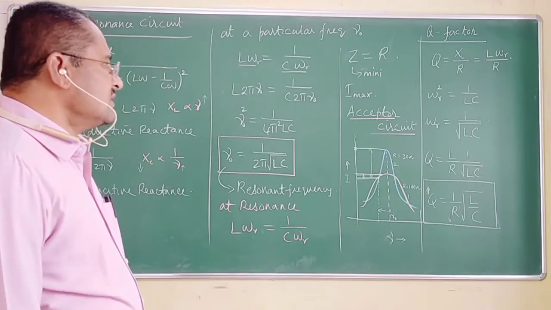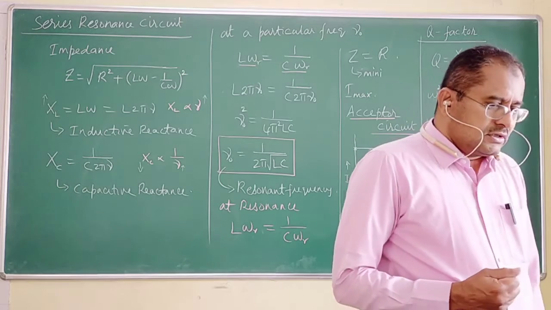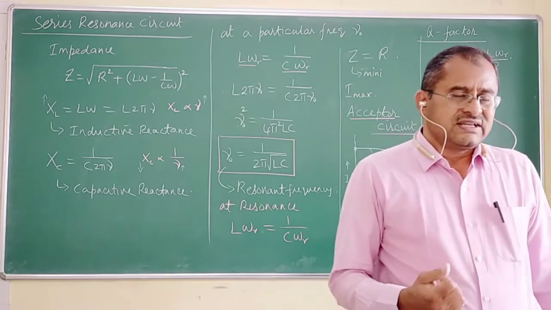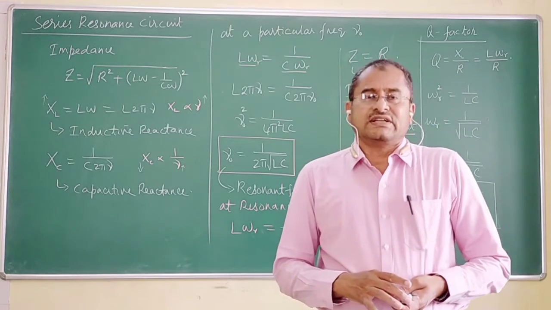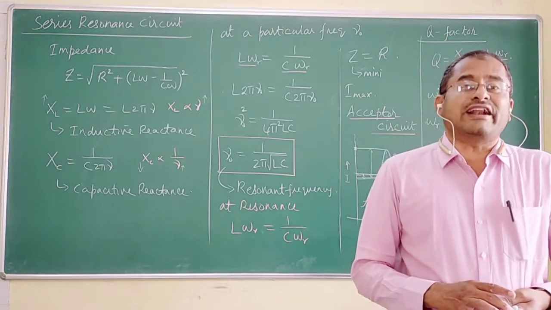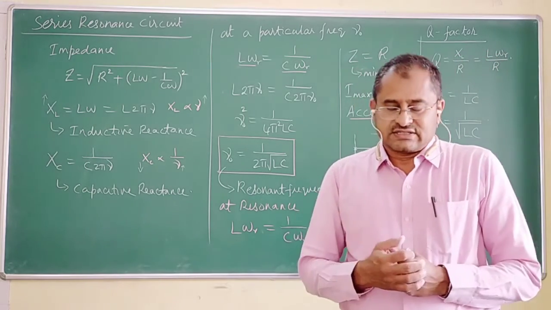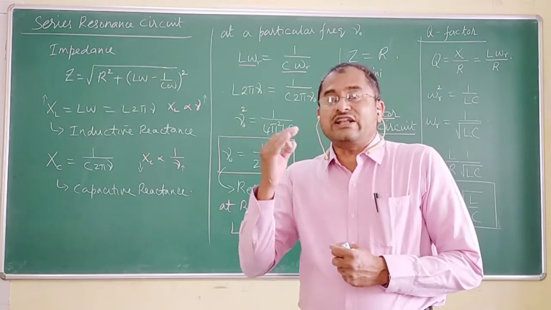The question now is, where is this used? LCR circuits at resonance are used in the tuning of radio circuits, in other words, in the tuning of a radio receiver.